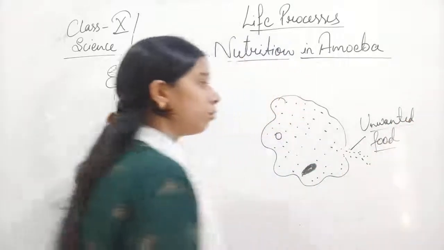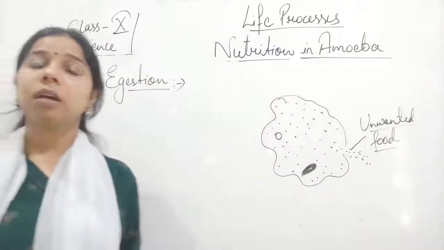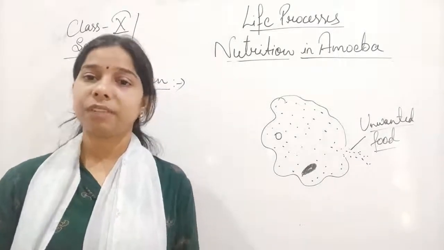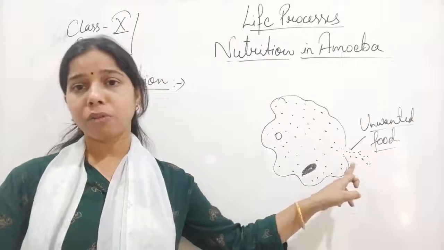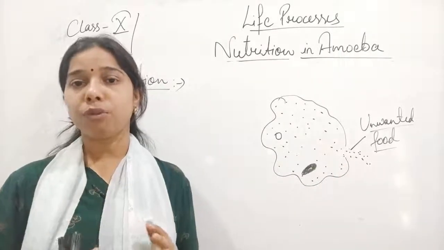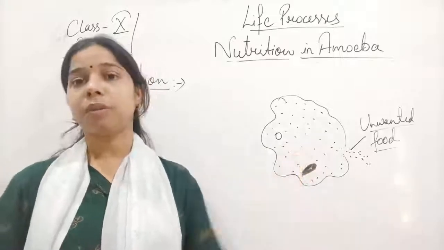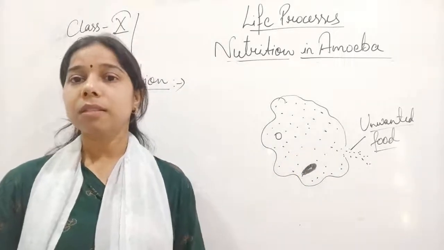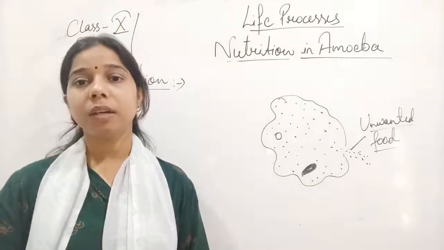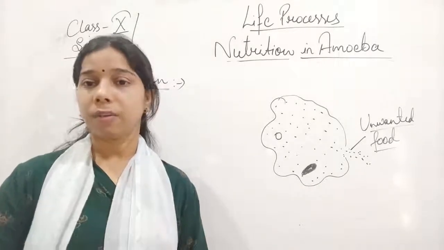The unwanted, not digested food is coming out. So basically what happens is that one part of the wall gets ruptured and the undigested or unwanted food is thrown out of the amoeba. So these are the 5 steps included in nutrition in amoeba, students.